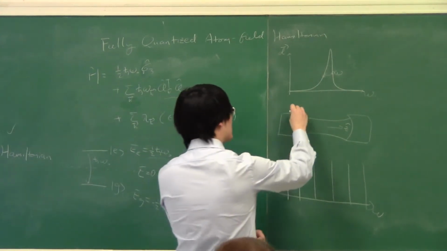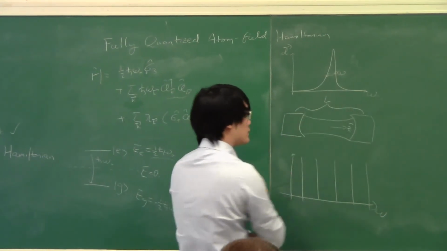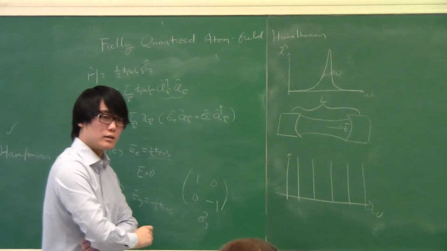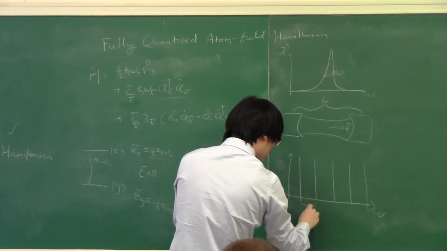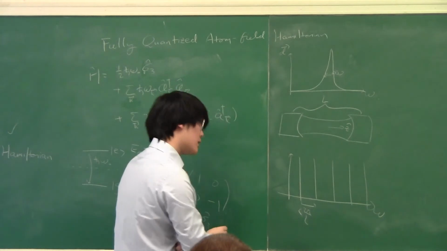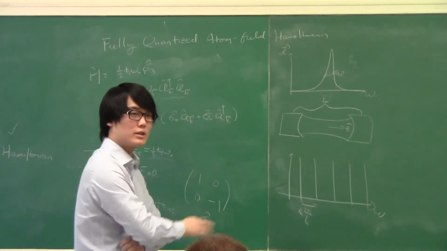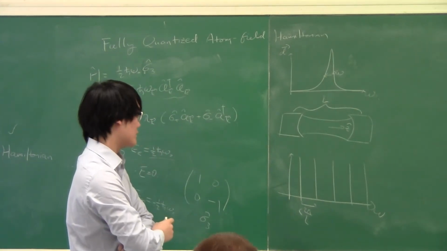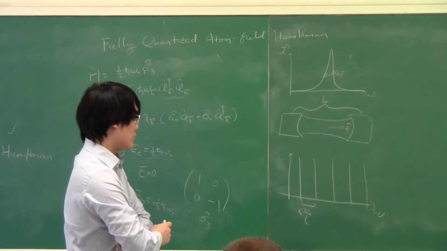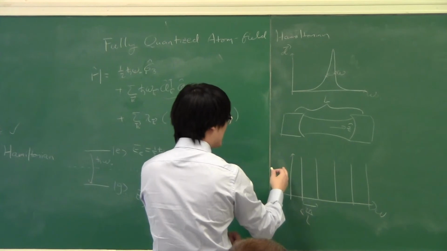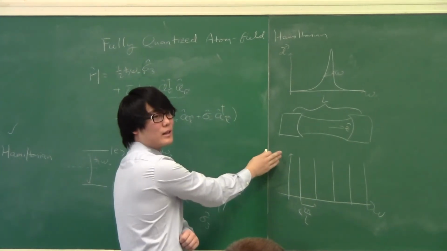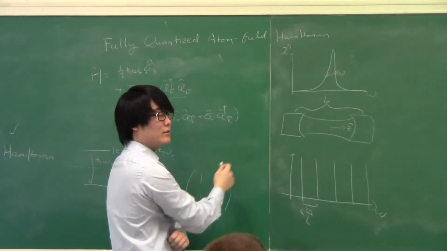The length over here is L, so the spacing is 2 pi over L times c, because I'm writing omega. So this is just the modes, so I don't know what to write here. This probably doesn't have any meaning.